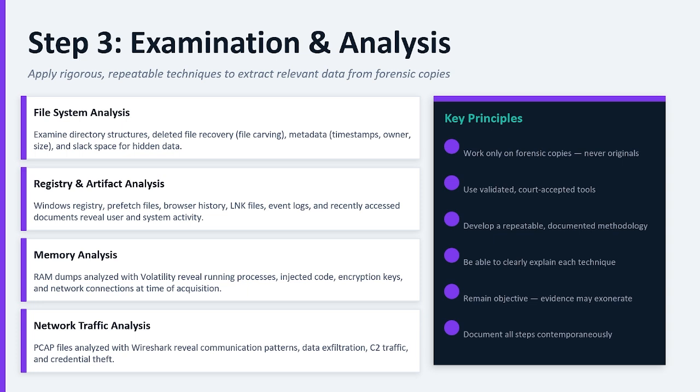The Windows registry stores a massive amount of information that just kind of stays in there, and it's really valuable for identifying various situations and environments. There's memory analysis, where RAM dumps are analyzed with Volatility.